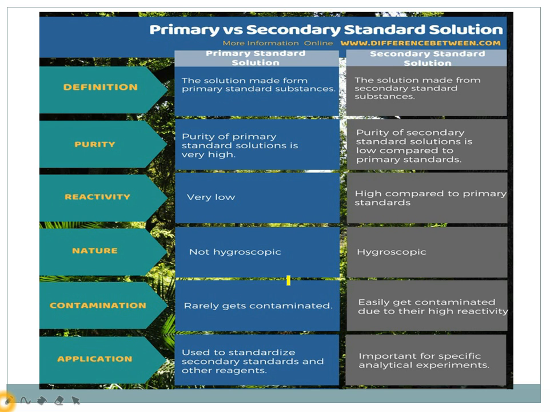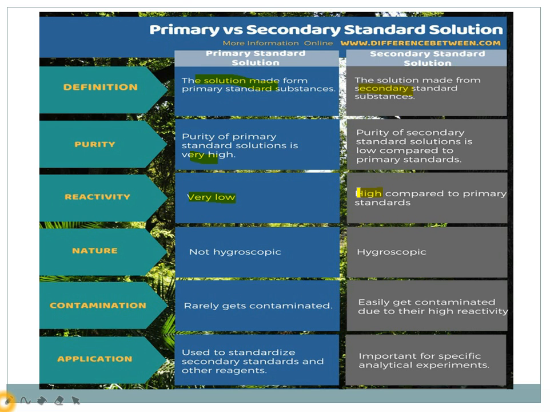In case of definition, the primary standard is a solution made from primary standard substances, and the secondary standard is made from secondary standard substances. Purity, the primary standard is highly pure and the secondary standard is less pure when compared to the primary standard. In case of reactivity, the primary standard is very low reactive and the secondary standard is highly reactive.